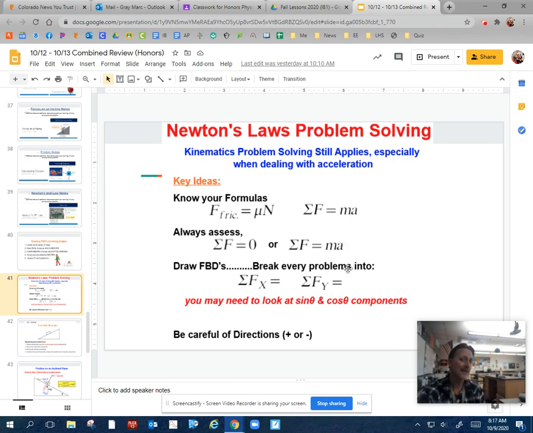Now you make an assessment with equilibrium in both the X and the Y perspective, and oftentimes you're going to have to break apart components of angled vectors into their XY components by using sines and cosines of angles. And be really careful about your positives and negatives. Okay, that's your basic problem solving technique.